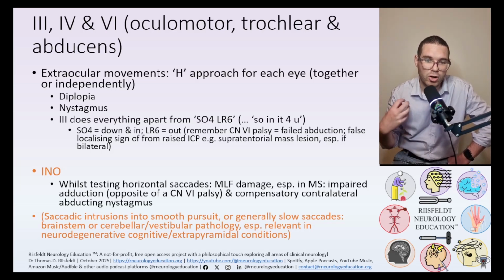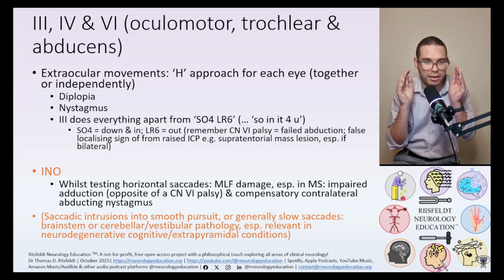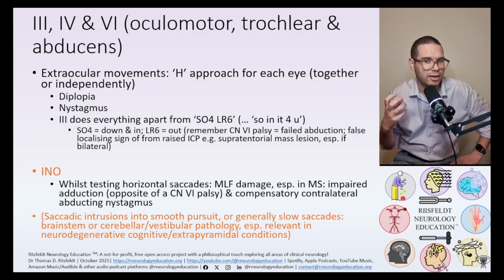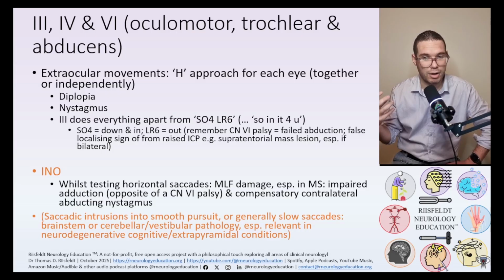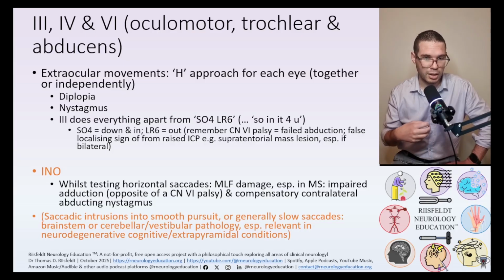And in particular, if you have bilateral apparent sixth nerve palsy, so neither eye can abduct, then that's a classic false localizing sign, and you really need to think, does this person have raised ICP? Does this person have a mass lesion, especially a supratentorial mass lesion? So again, that's how I remember it.